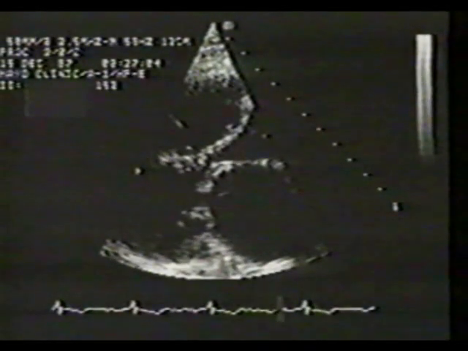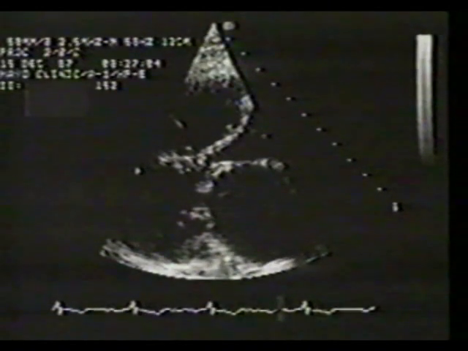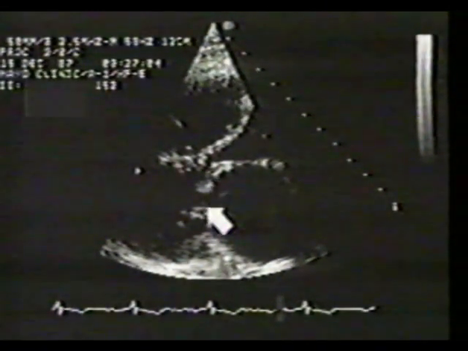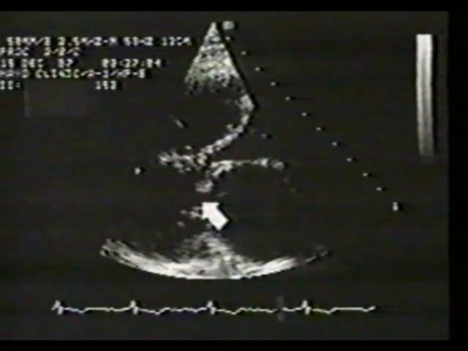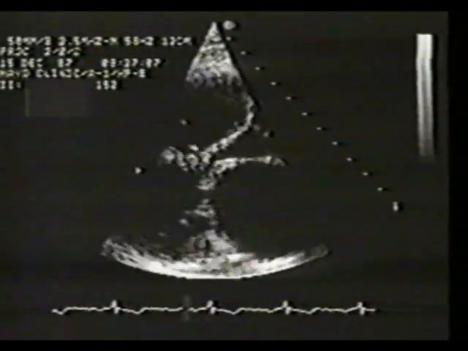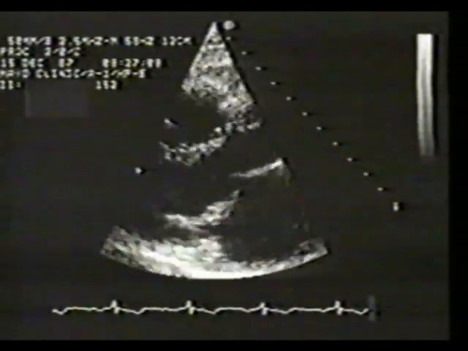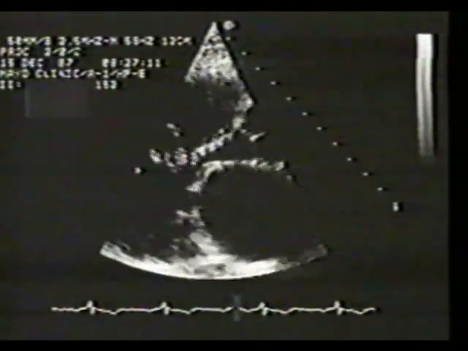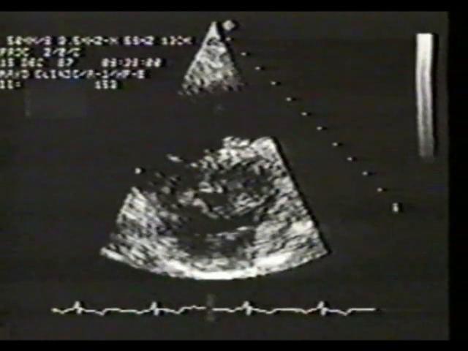Here is another patient with mitral stenosis and a pliable valve. Note the thickened anterior and posterior leaflets and the reduced diastolic separation. The valve is now being viewed in short axis.